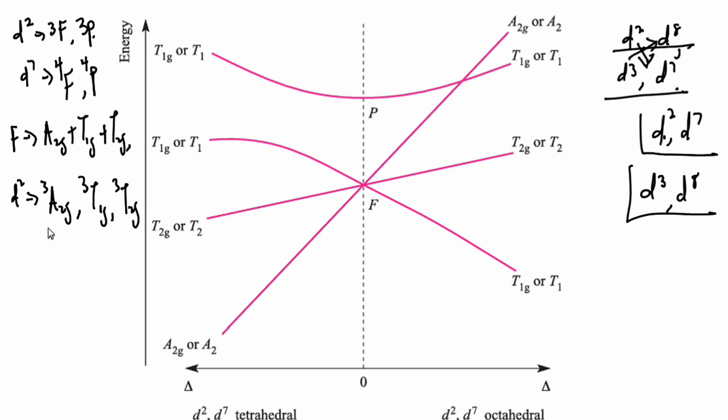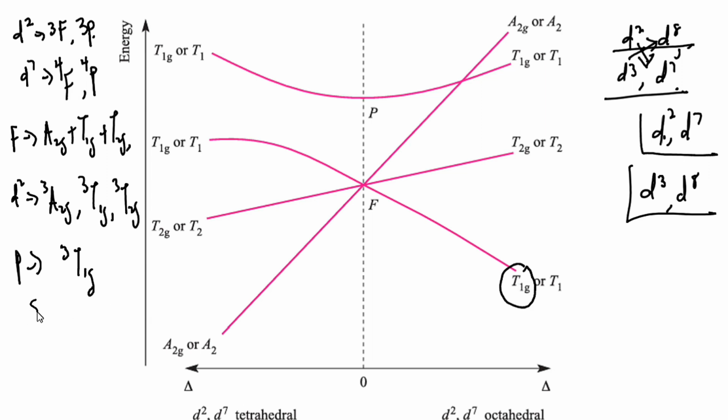Therefore, for us to arrange the energy, all we need to look at is this. Before we arrange the energy, let's look at the P also. The P is basically changing to 3T1g.